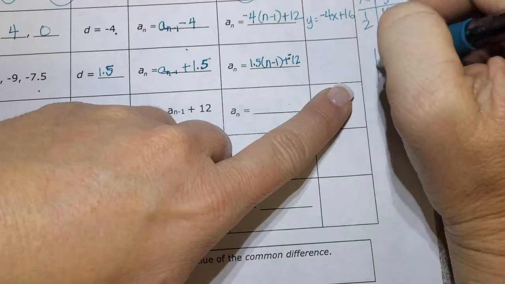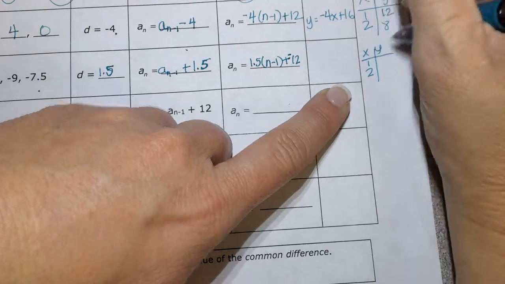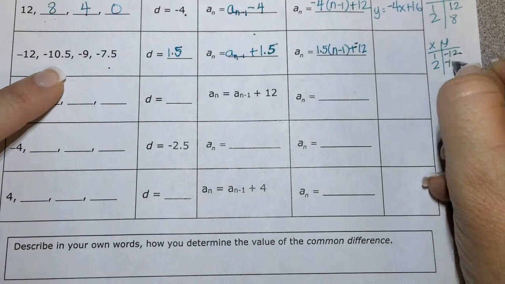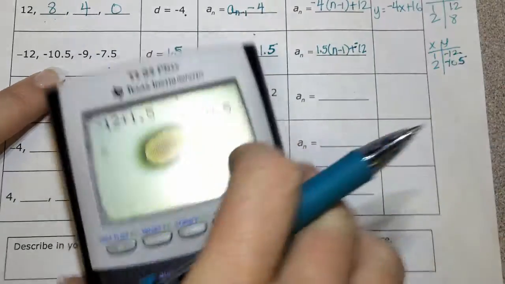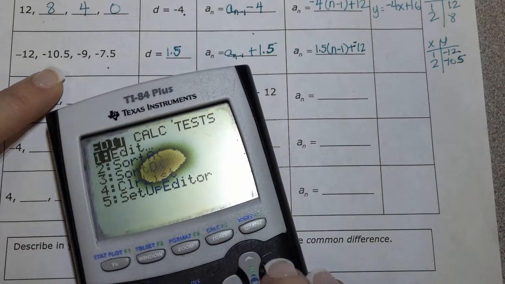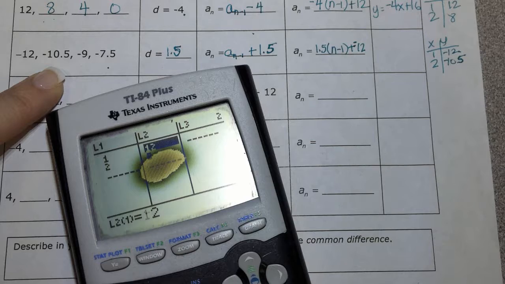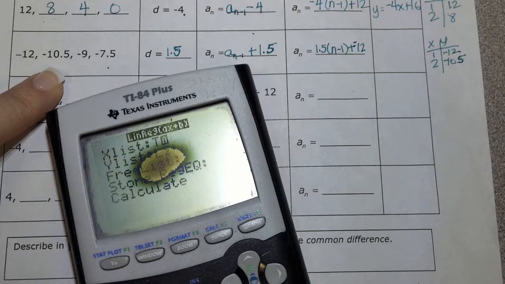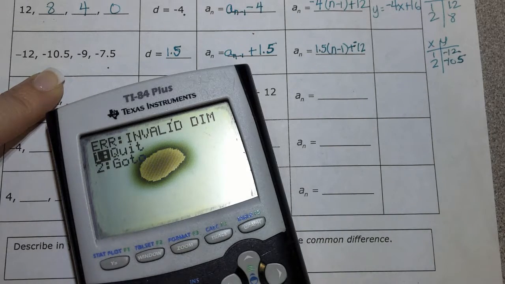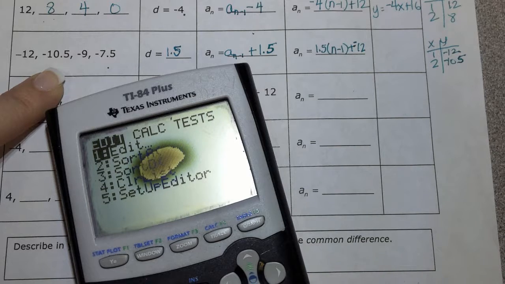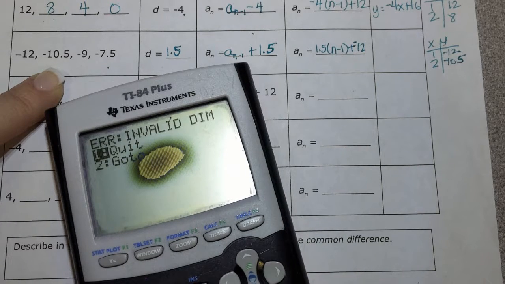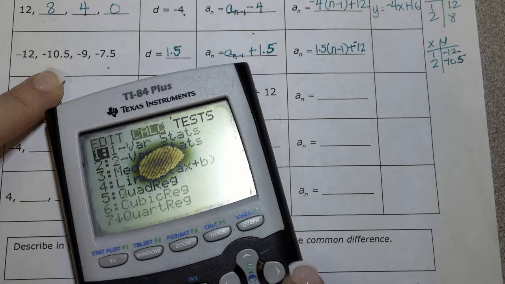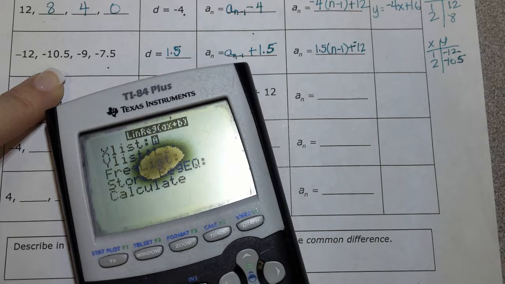And then for my function rule, again, 1, 2, and then I have -12 and -10.5. So I'm going to go to stat, edit, so -12 and then -10.5. Back to stat, over to calc. Oops, I think I hit something I wasn't supposed to.